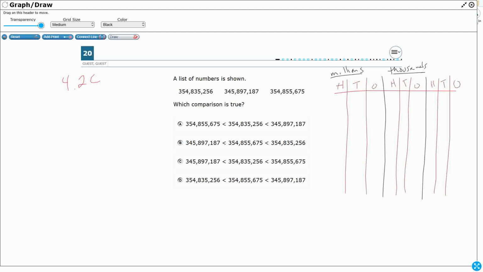Okay, so let's just put our numbers in here. Obviously, we need to make sure we draw everything correctly. All go to 9 digits, so we can just go from left to right. So 3, 5, 4, 8, 3, 5, 2, 5, 6. Next, we've got 3, 4, 5, 8, 9, 7, 187.